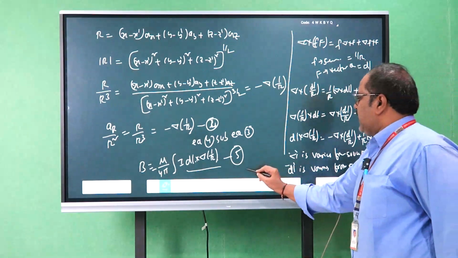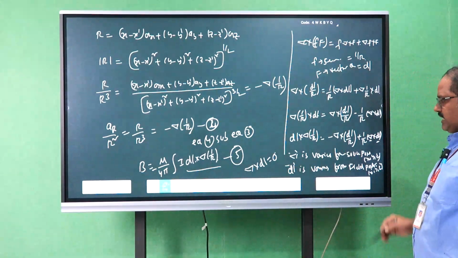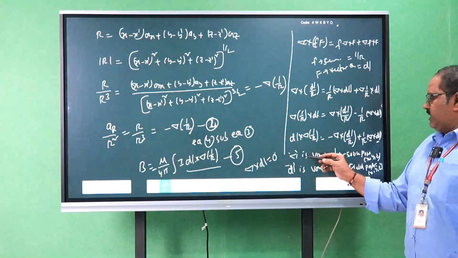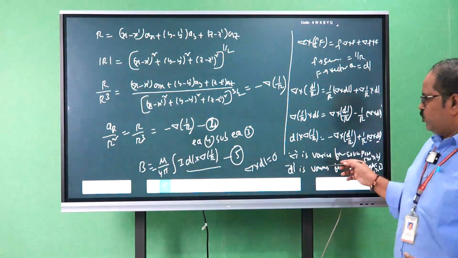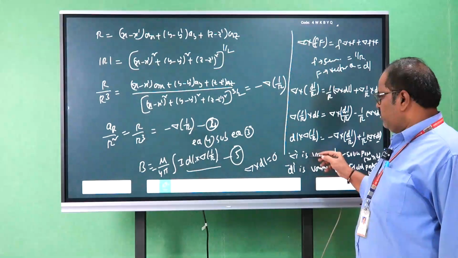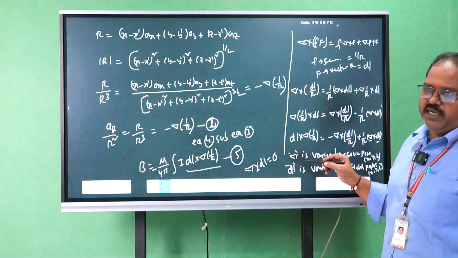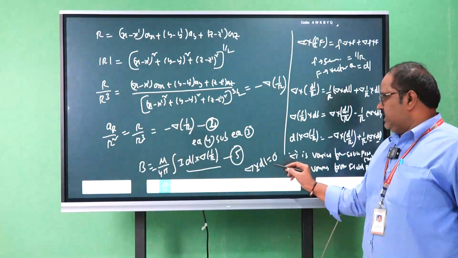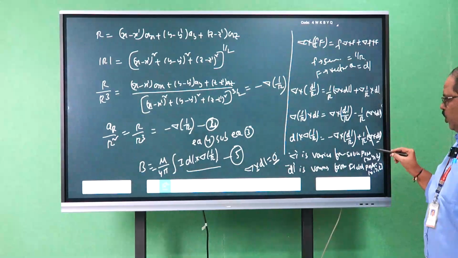Therefore, del cross dl is equal to 0, because del varies with the source point and dl varies with the field point. The curl applied between del and dl is therefore 0.